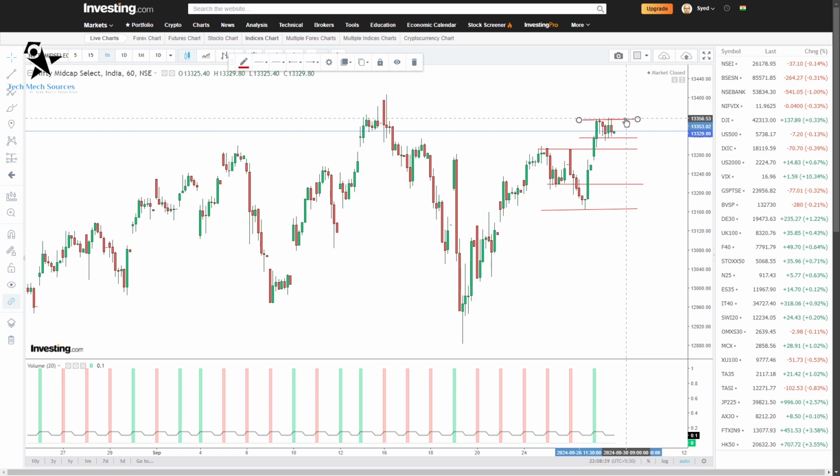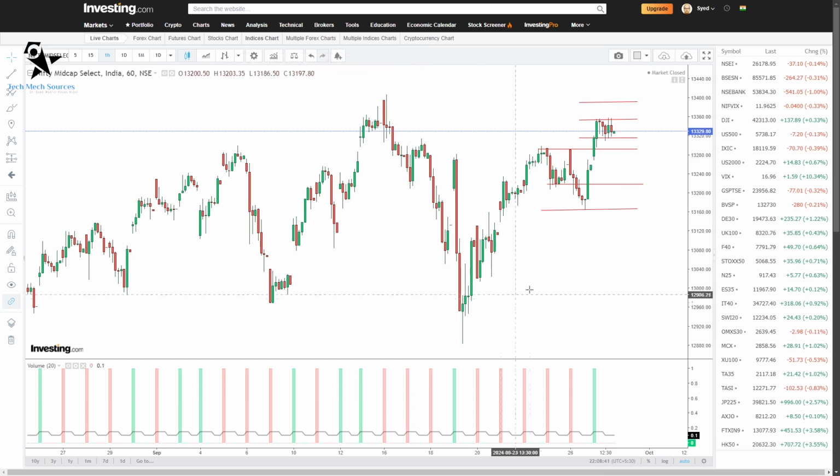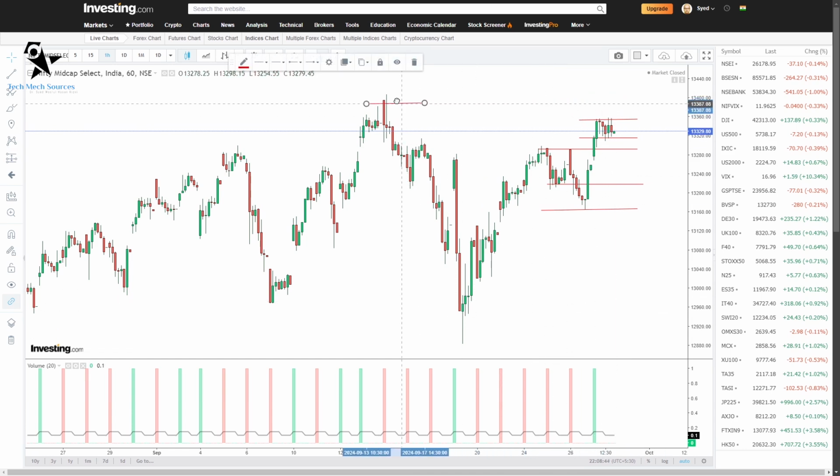The support is 350, 355, and the next resistance, I'm plotting it here, is at 394, 390. So if the index opens above 350, it closed at 329, then it may go up to 394.